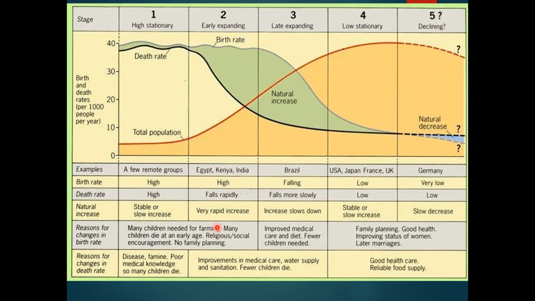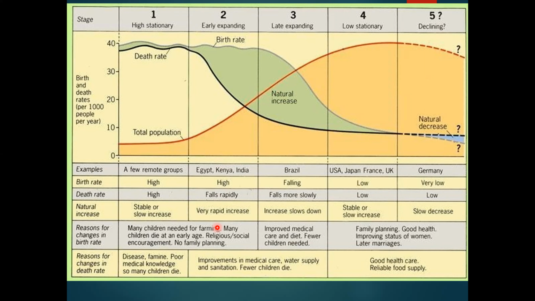The first purpose is to find out the history of population of a particular country, how the population of a country has expanded or declined, the trends in population. If we want to find out those trends, they can be found through this demographic transition model.